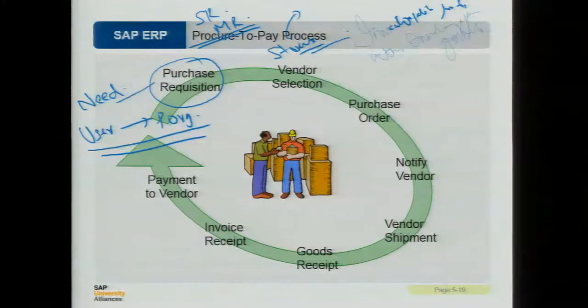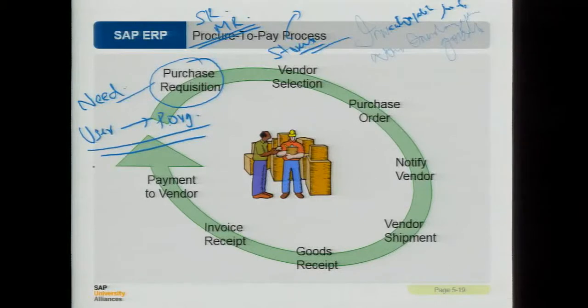The second scenario is that sometimes with inventoryable goods, if the inventory of the goods is lower than the required level in the stores or the warehouse, then the stores people come up with a need statement. They raise a purchase requisition to the purchase department saying, okay, the stock has fallen, so we need to purchase such and such amount of those goods.